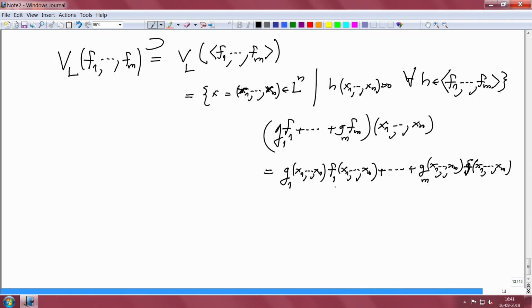Each one of them is 0, since we are assuming x is in the solution set, therefore this combination is 0. So we have proved this inclusion also.